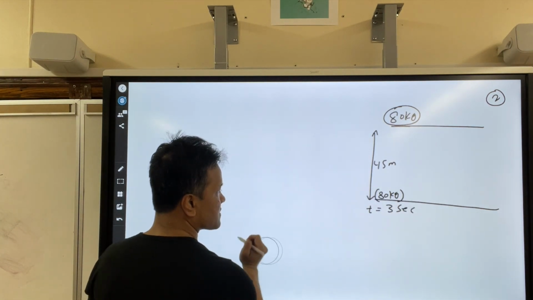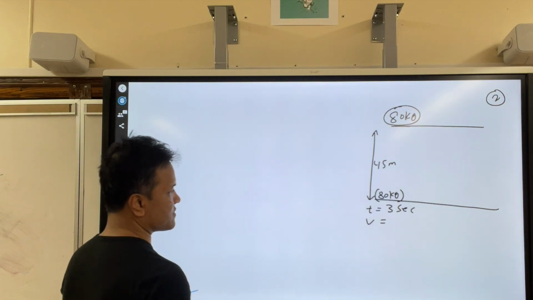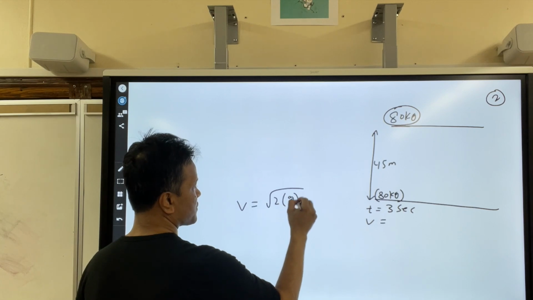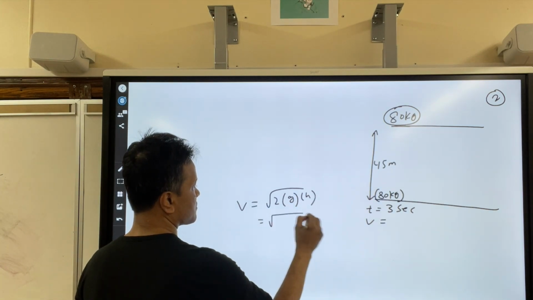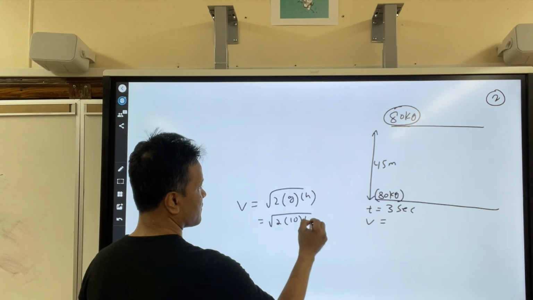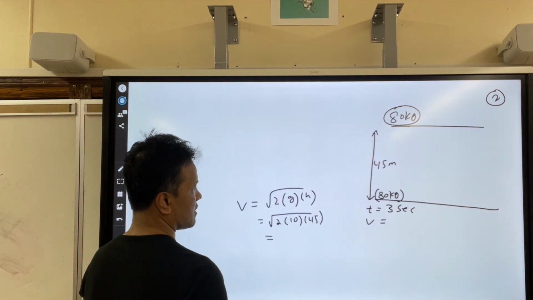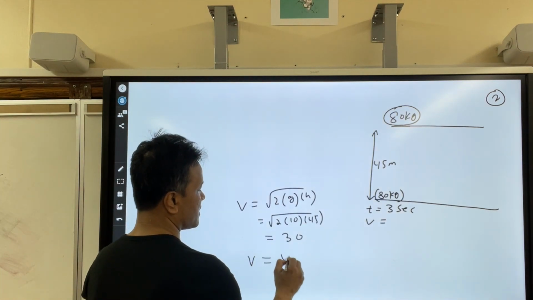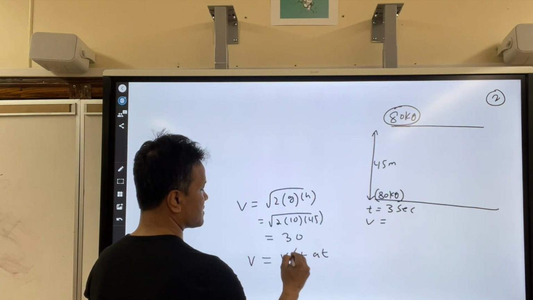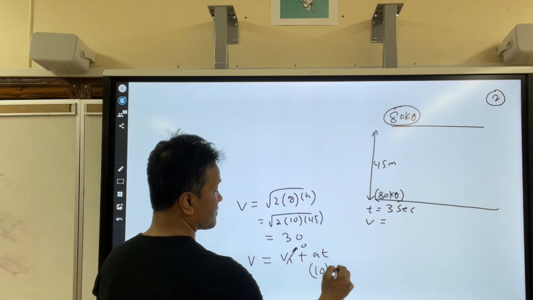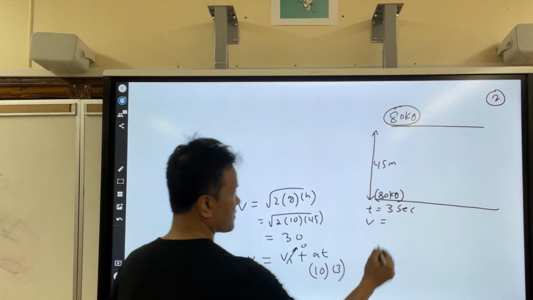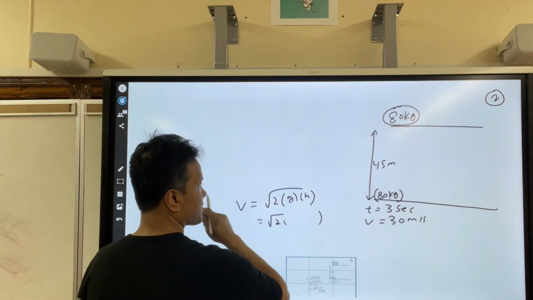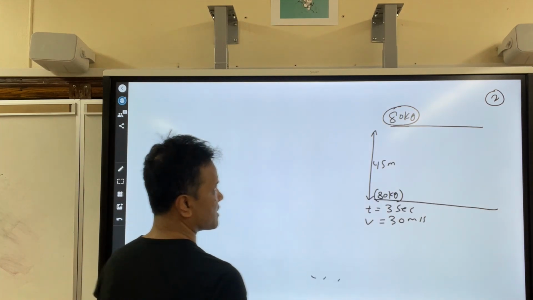Alright. Velocity, you can find several ways. Velocity is the square root of 2gh. So 2 times 10 times 45, which is 30. Or you can find the velocity this way: vi plus at. This is 0, a is 10, t is 3. So both ways you get 30.